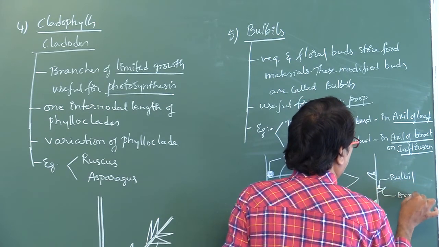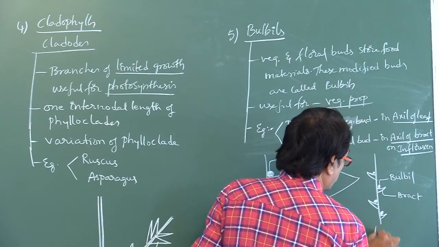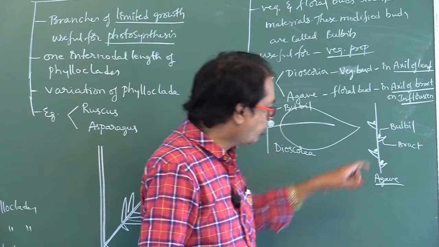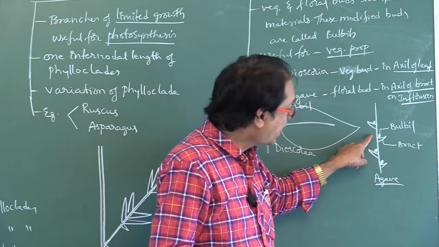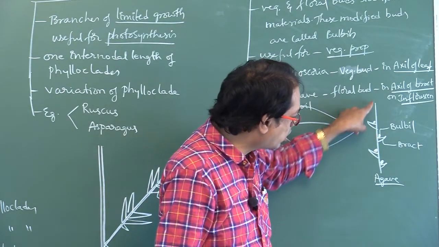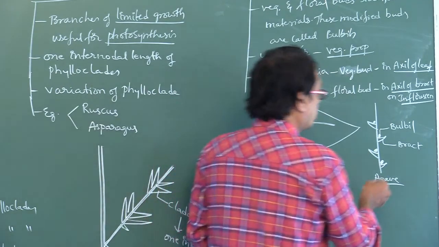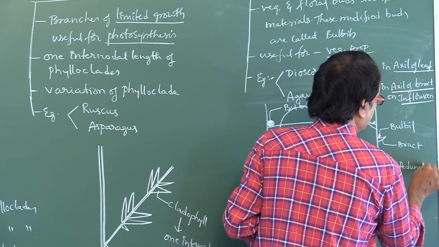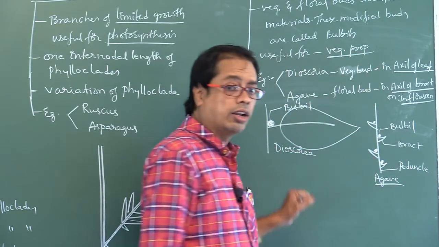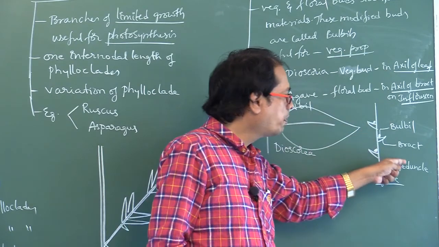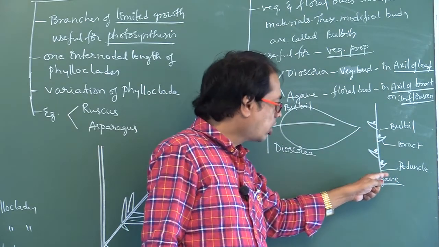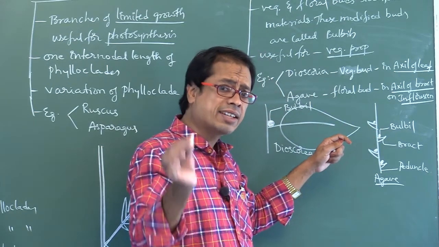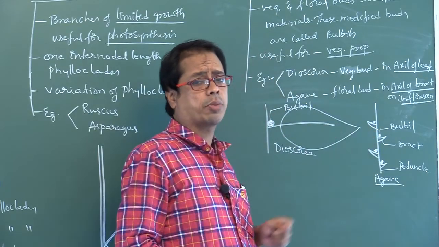So this plant name is agave. In agave, bulbils are present in axilla of bract on inflorescence. So this is nothing but peduncle. Inflorescence axis is called peduncle. On that peduncle, number of bracts are developed. In the axilla of bract, bulbils are present.